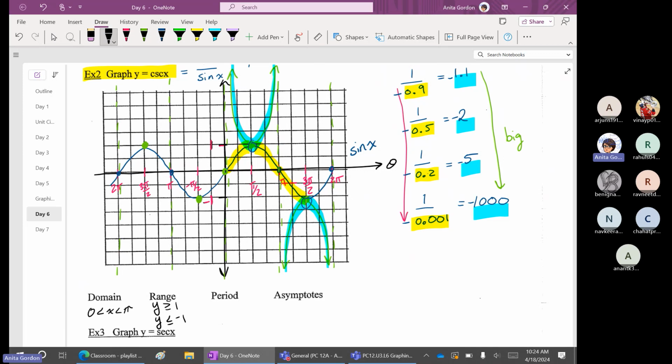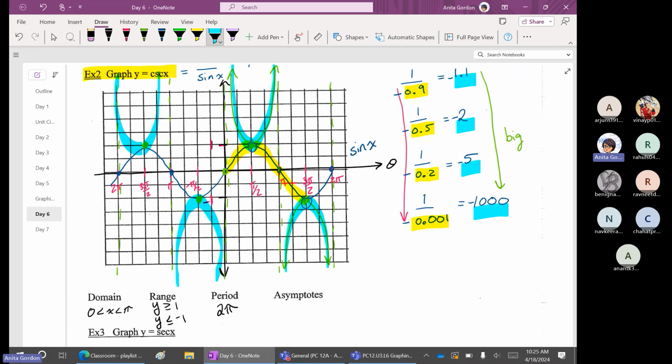How long is one rotation? Pi is the length of one loop.